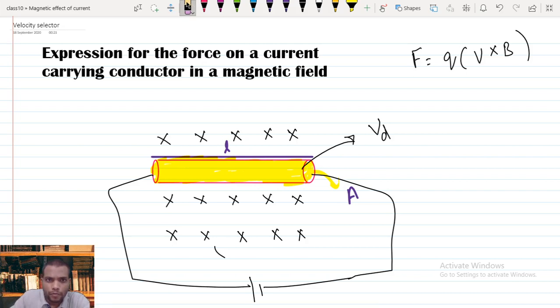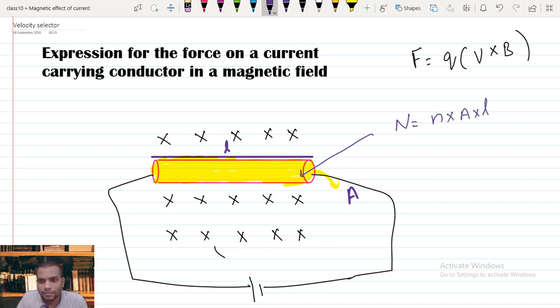Later I can introduce the directions. Now in this current carrying conductor, how many charges are present? That's what I first need to figure out. Let capital N be the number of charges. So capital N equals the number of charges, which equals small n times area times length.